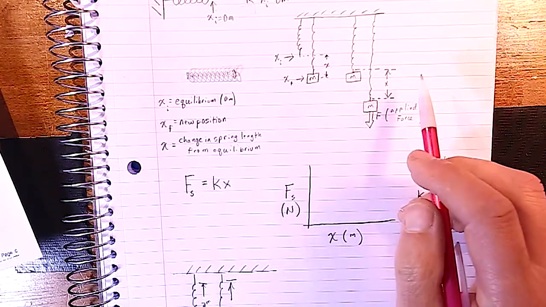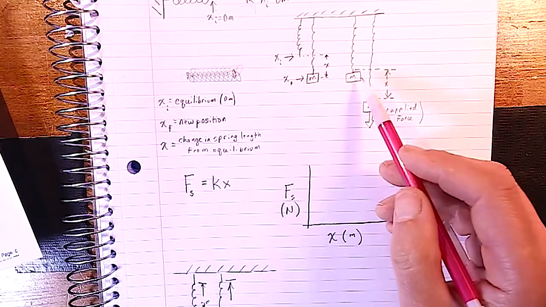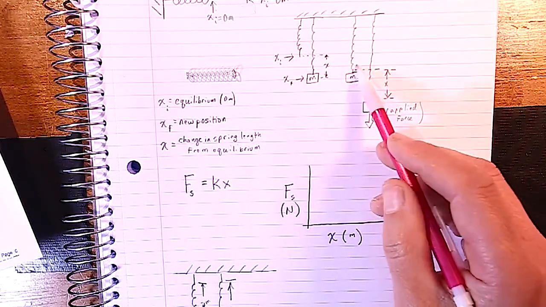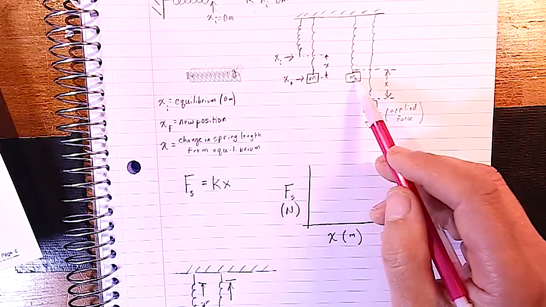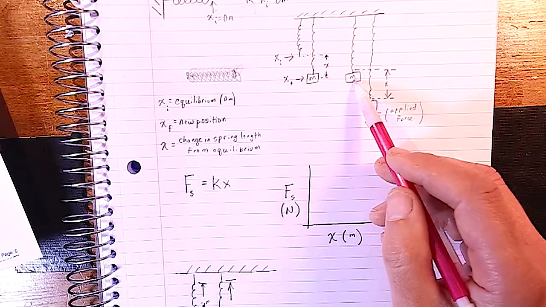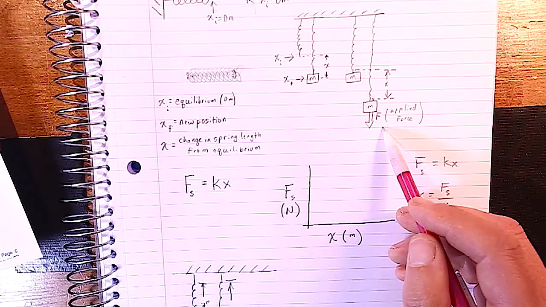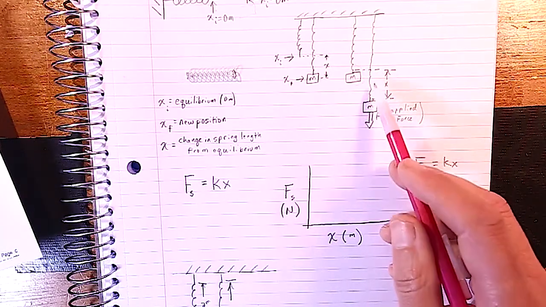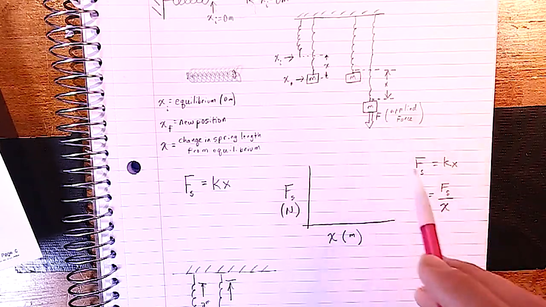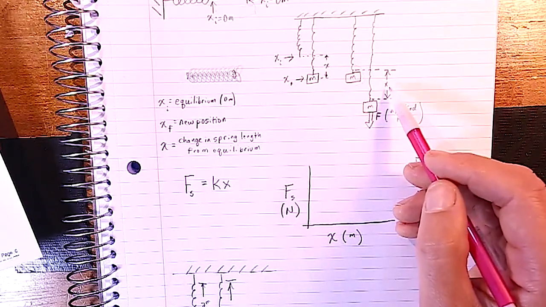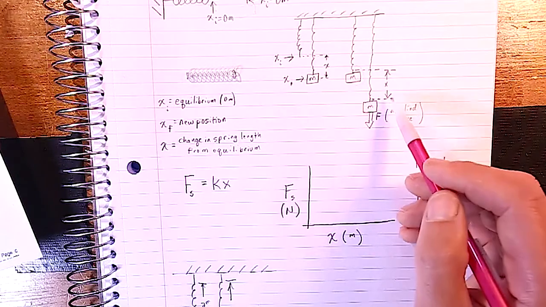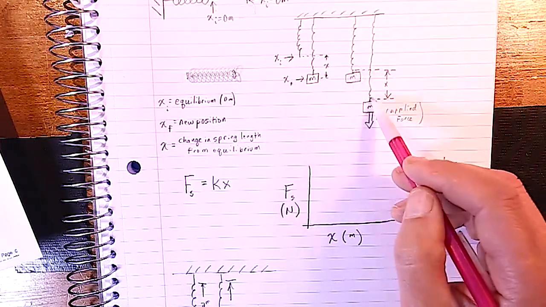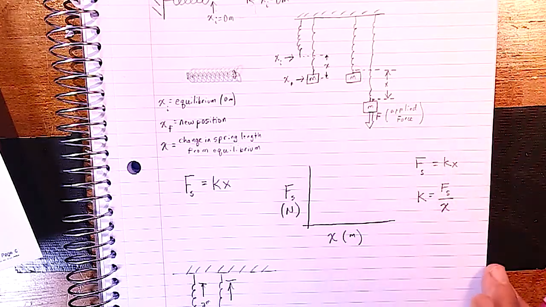Now, there's another type of problem in which we could hang a mass from the spring and say that this is our equilibrium. So this mass is just at rest hanging there. And if we apply an additional force, we could stretch that mass and pull the spring down further so that our new x, our change in spring length, is going to be the distance between these two initial and final positions.